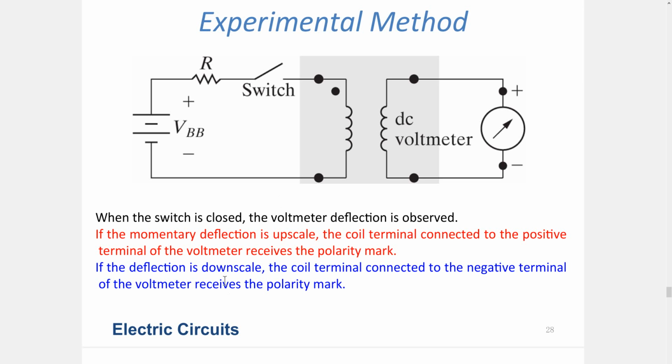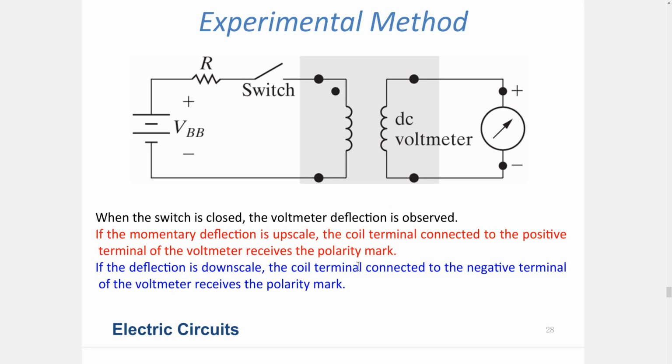So when the switch is closed, the voltmeter deflection is observed, and if the momentary deflection is upscale, I mean, if you measure some positive voltage increasing, then it means the coil terminal connected to the positive terminal of the voltmeter will receive the polarity mark, the dot.